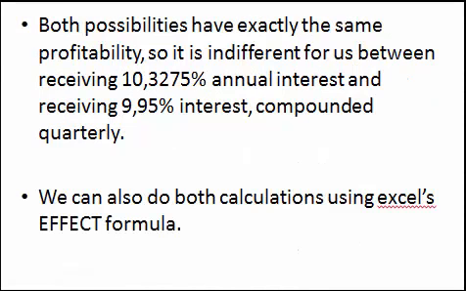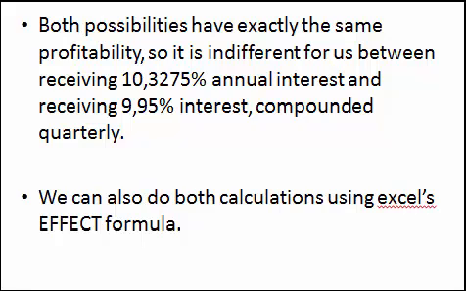Both possibilities have exactly the same profitability, so it is indifferent for us between receiving 10.3275% annual interest and receiving 9.95% interest compounded quarterly. We can also do both calculations using Excel's effect formula.